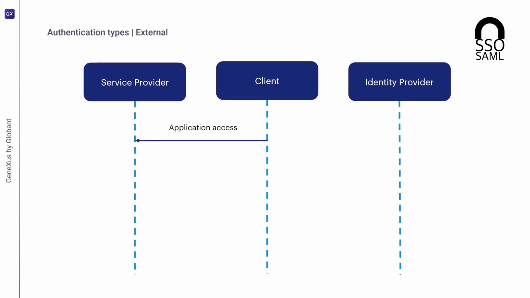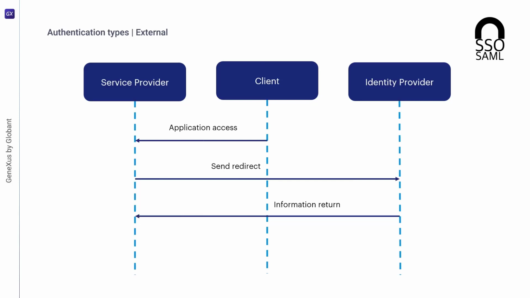First, the user tries to access an application hosted by a service provider. This provider generates an authentication request and redirects it to the user's browser. Next, the identity provider receives the request, authenticates the user by requesting valid login credentials or checking for correct session cookies, and generates the response to be returned to the user's browser.